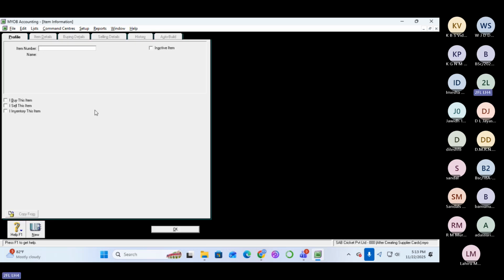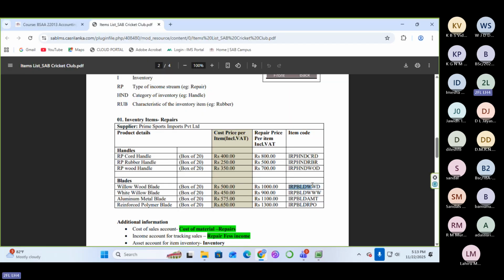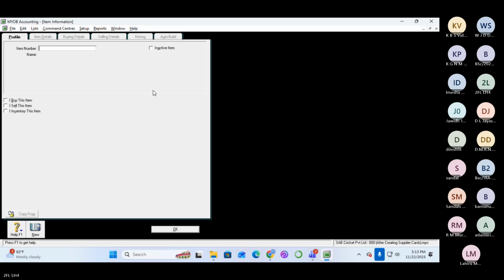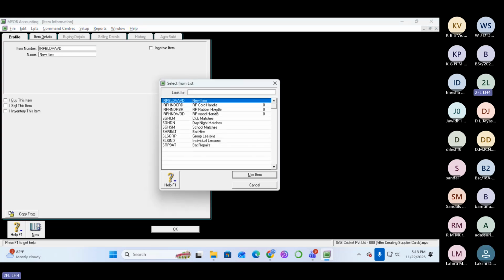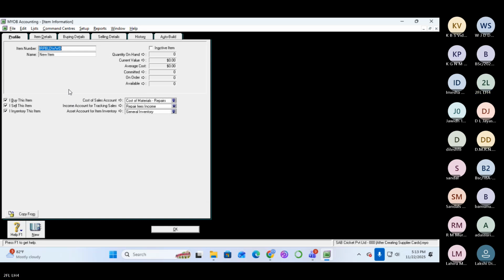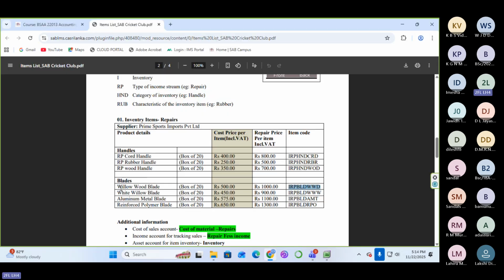I'm creating a new one. We take the code and then I'm copying from a handle because the accounts are the same. I'm changing the name.